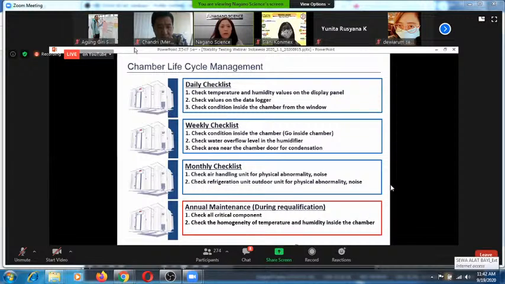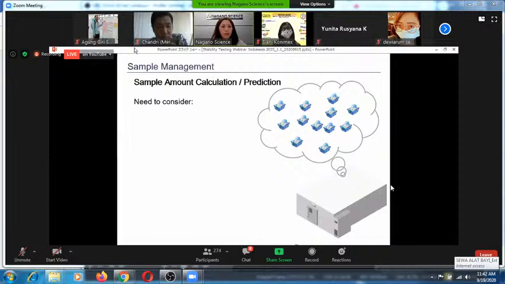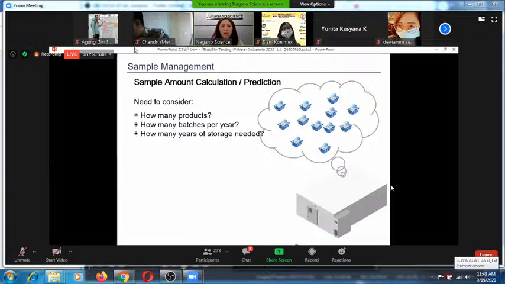Okay. So in detail, in life cycle management, what you have to think about is the sample. First is the sample, and when you decide to purchase the chamber, you first have to consider how many products you have, how many batches per year, how many years of storage is needed, and whether new product launches are expected.